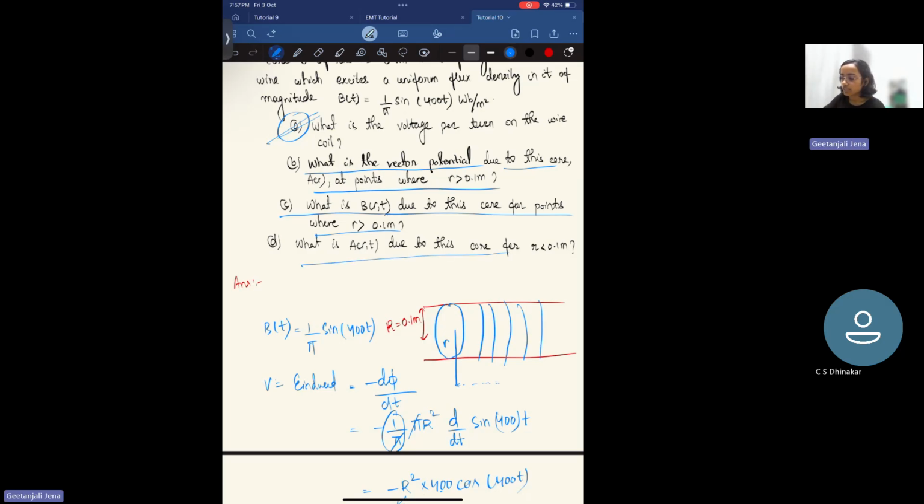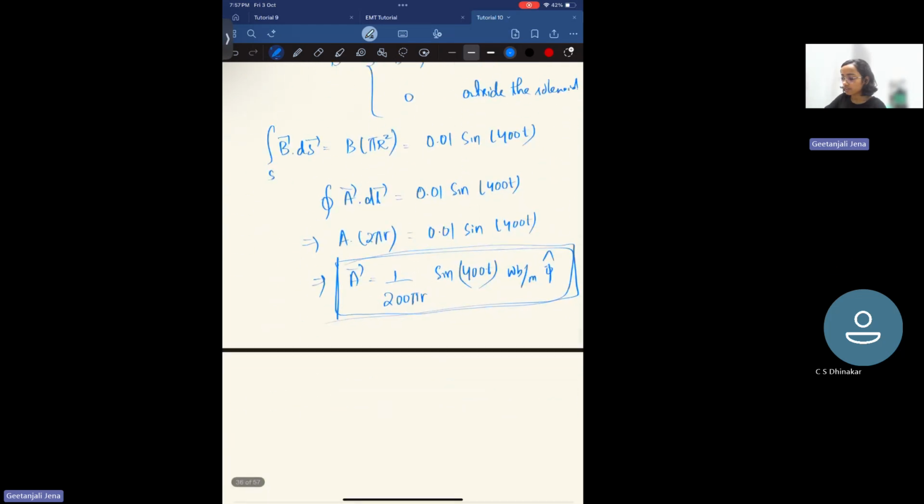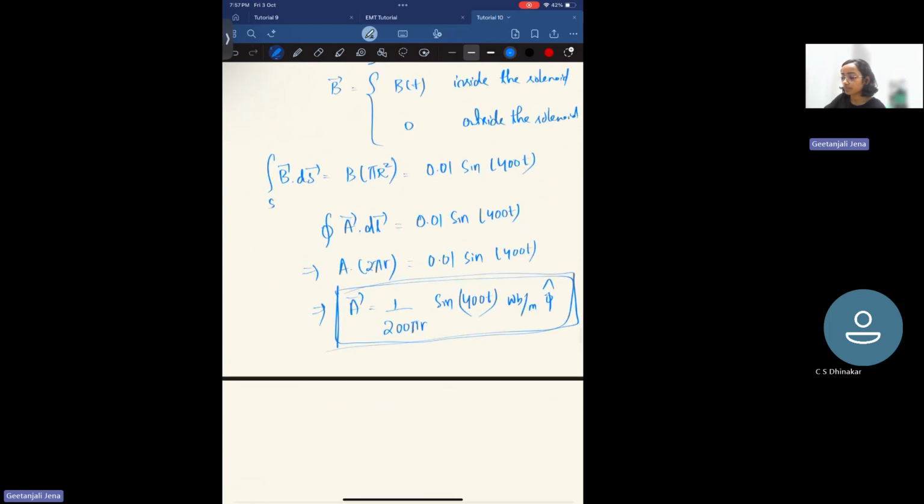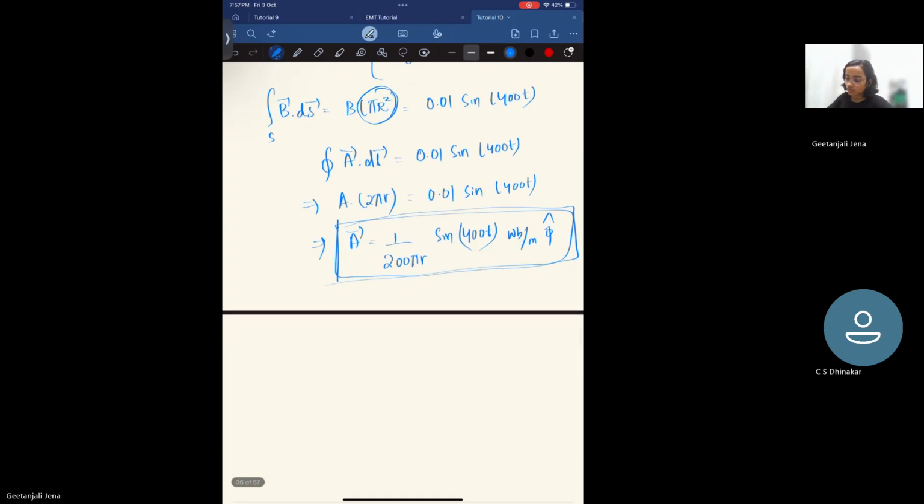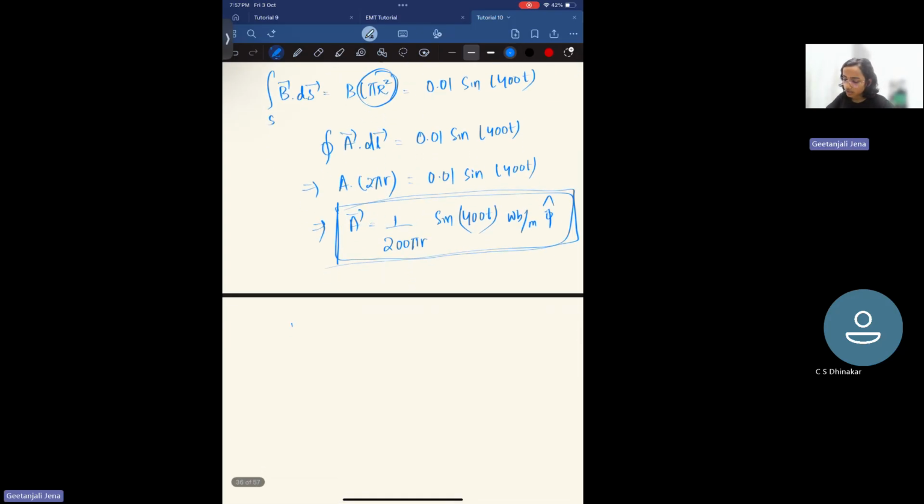For the D part, it is quite similar to part B, but we only need to calculate the vector potential inside the core. So only the pi R squared will be changed. So calculate it.